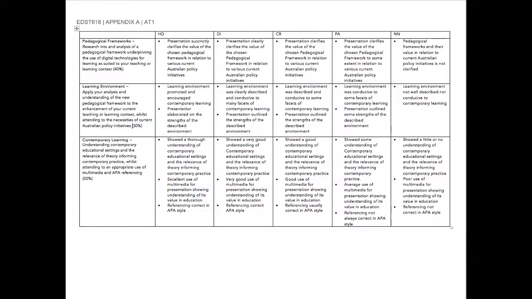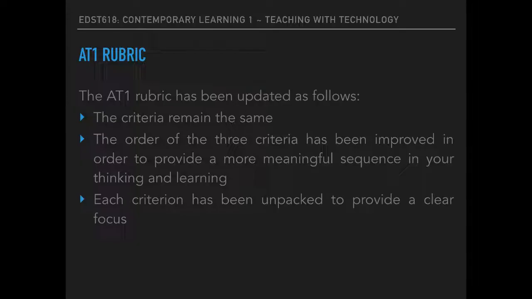And as you will notice, I've already said that in the main thrust of the rubric, so in the descriptions for the particular grades, that has not changed. In the criteria on the left-hand side, they've been moved around a little bit. But we're still focusing on pedagogical frameworks, on the learning environment, and contemporary learning. And I'm now going to go through those individually to explain how you might approach them.